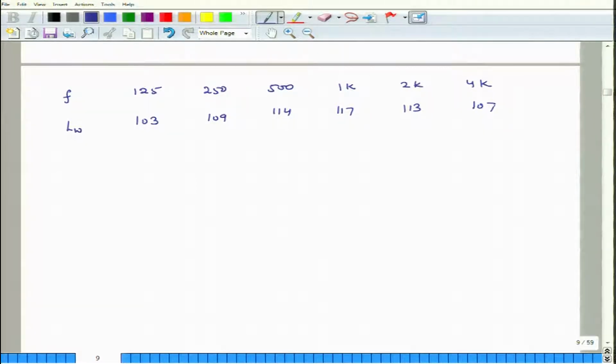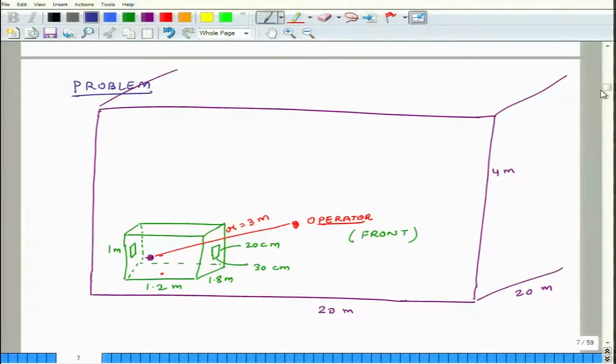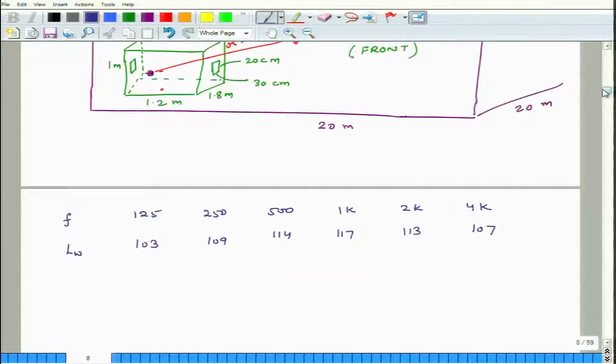We are also given the surface absorption coefficients for the room as well as for the enclosure. So, we are given average surface absorption coefficients for the room and they change with frequencies.